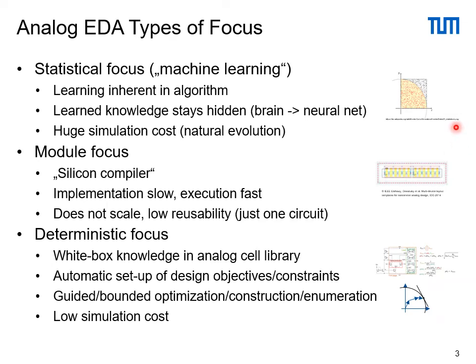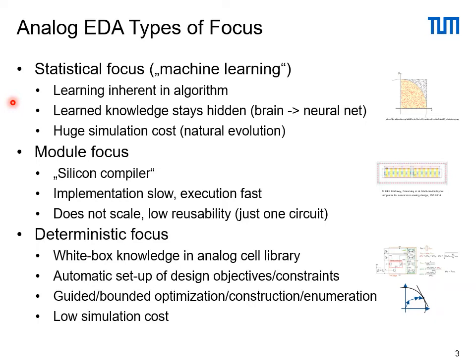When we look at EDA tools for analog, one can see three main types of focus that they are following. One approach is the statistical focus. This is basically what you nowadays call machine learning, which in the end is about statistical methods. The nice thing is that the learning in these methods is inherent in the algorithm.